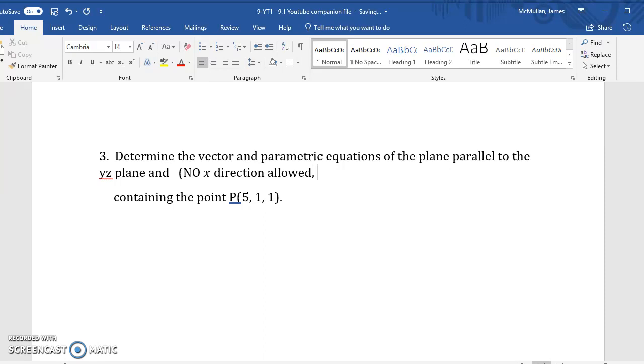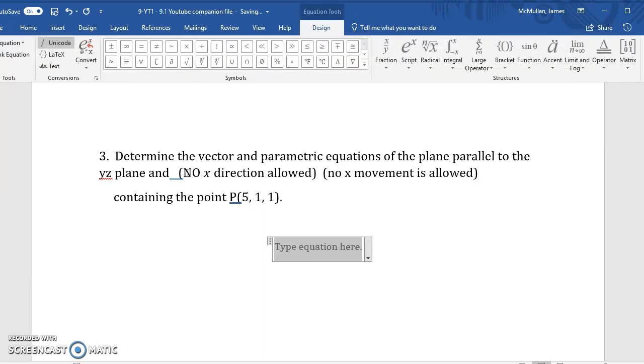When I was describing this the first time, I said the board is a good example of the YZ plane, because on the board you're not allowed to move forward or backward. Of course, you can move left, right, up, or down, but there's no X direction allowed. When we say that, we mean no X movement is allowed. So let's think about how that makes this question extremely straightforward.